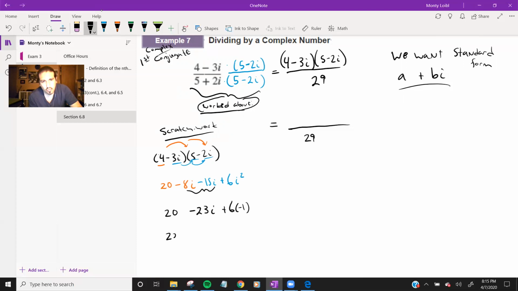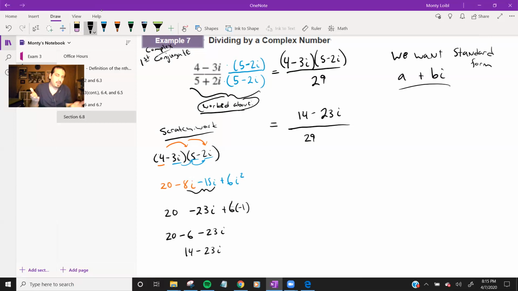So we have 20 minus 6 minus 23i, right? So there's your negative 6. We subtracted from 20, so we've got 14 minus 23i. Okay, so we put this up here. 14 minus 23i is your simplified answer.